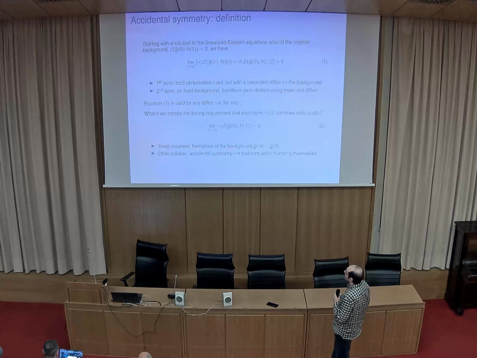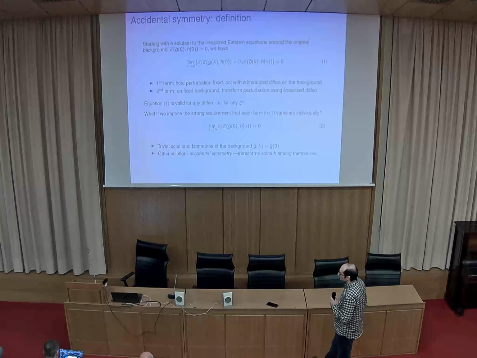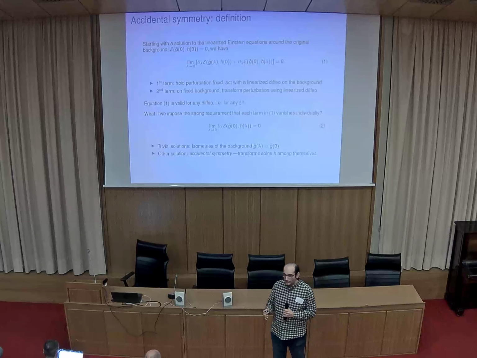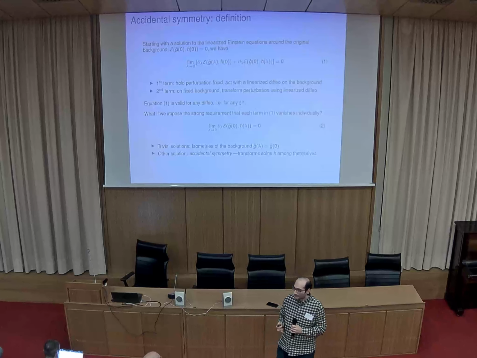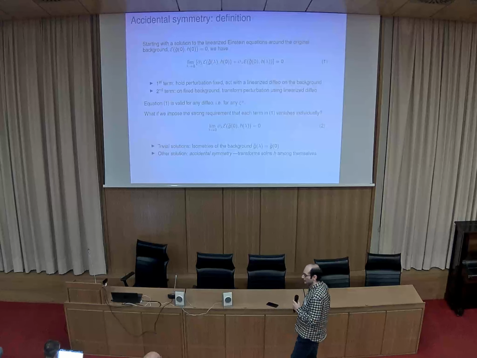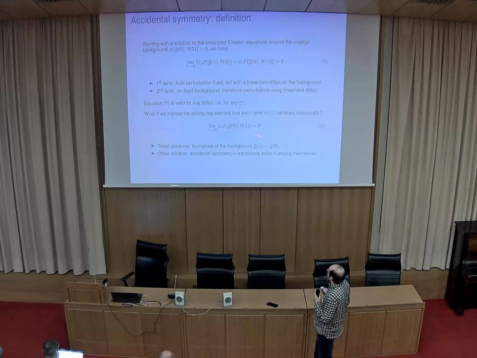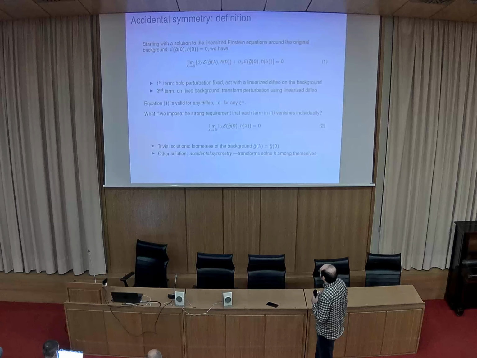So if there are any isometries of the background, this equation has to be satisfied, and it always will be. Now, anything more than that, we call an accidental symmetry. Anything more than that doesn't have a simple explanation like that, and it would need explanation if it exists. So any other transformation that you can do, which transforms various solutions H of this linearized Einstein equation, is an accidental symmetry by our definition.